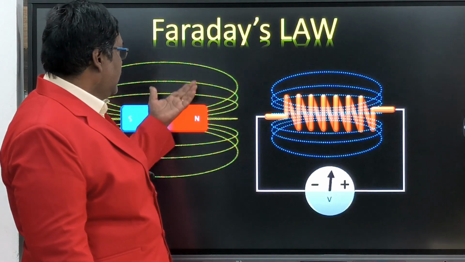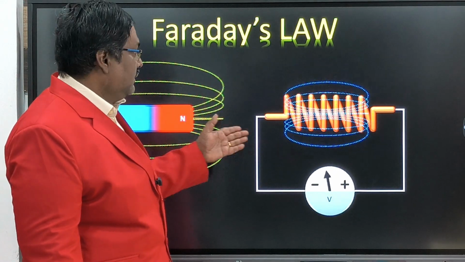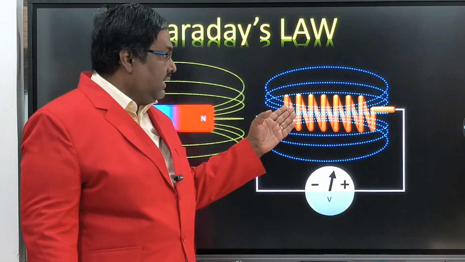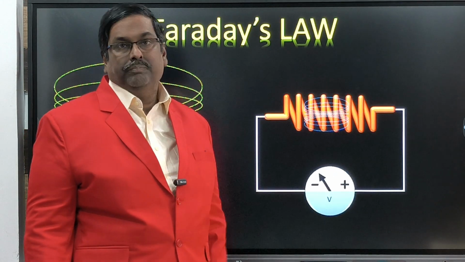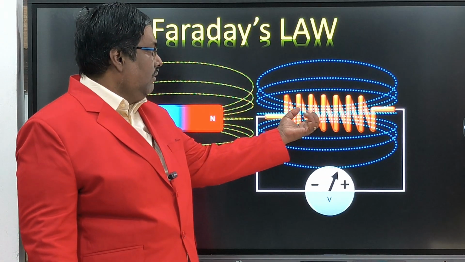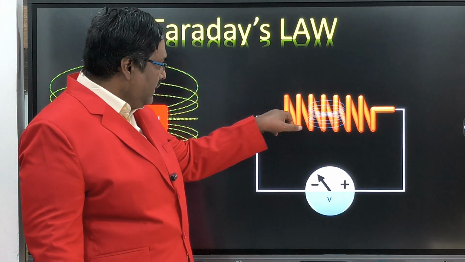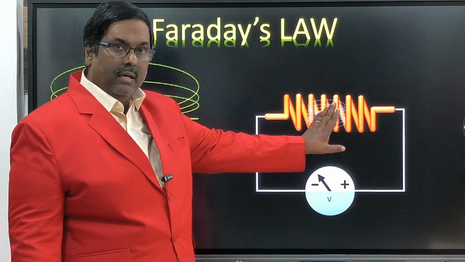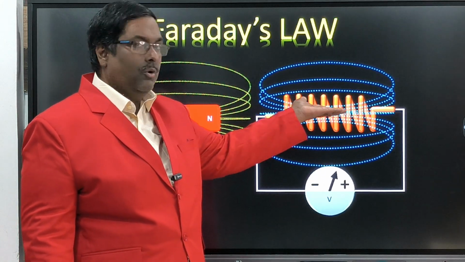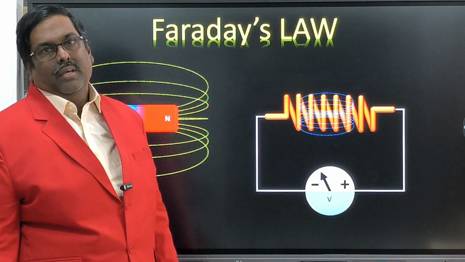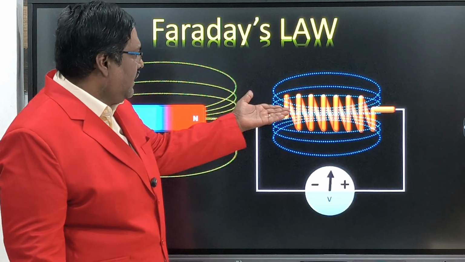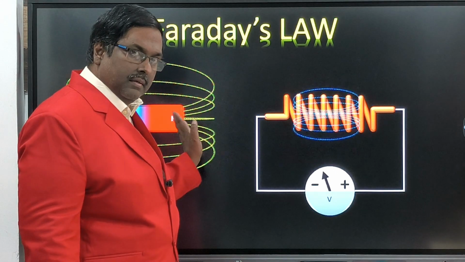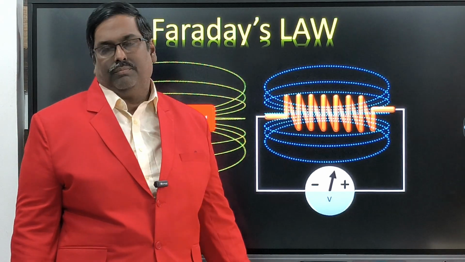This flux is different. The permanent magnet has a permanent flux, but the EMF induced in the coil produces one more magnetic field. Faraday didn't think about this. He only said that if there is relative movement, EMF will be induced.